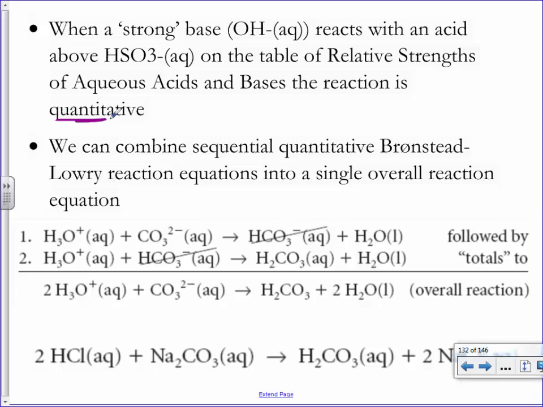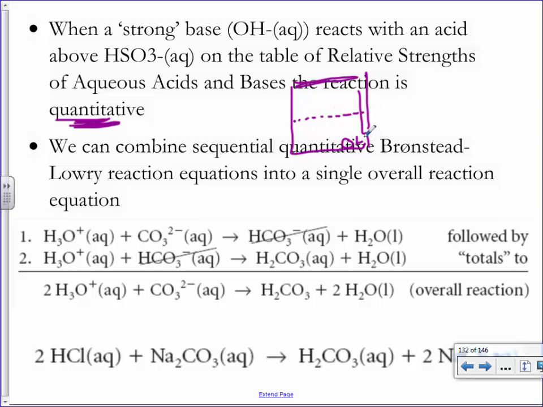Okay, here's a word that I haven't used in a while. Remember the word quantitative? Quantitative means that it reacts like 100%. Like 99.9%. It really is not reacting at equilibrium. This is a pretty rare thing that comes up here, but you know how you have your table right here? I mentioned there's a page break in the middle.